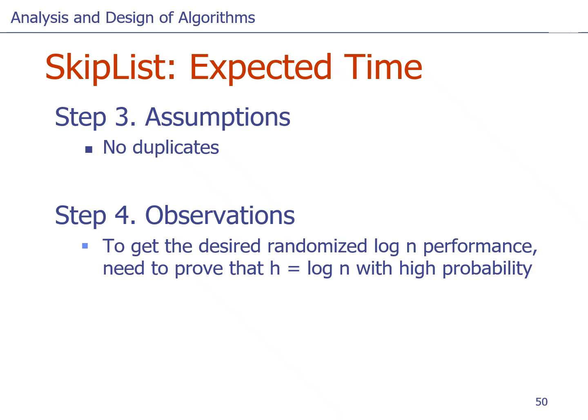But regardless of what they will come up, if I can prove that h, the number of levels, is always going to be log n, then I'm done. If the height is log n, then I'm going to do log n processing. And since I got this height of log n using a randomized process, this is going to be a randomized log n, because it will vary from one run to another because of the random values generated, but it's always going to be some kind of log n.